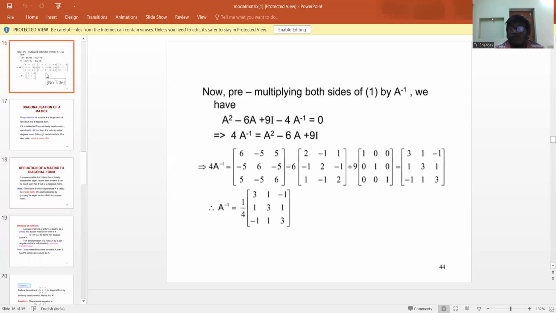Now, pre-multiplying both sides of equation 1 by A inverse, we have A squared minus 6A plus 9I minus 4A inverse is equal to 0.